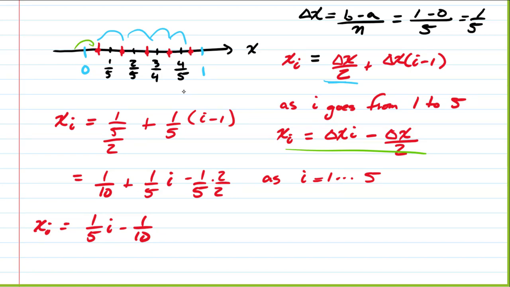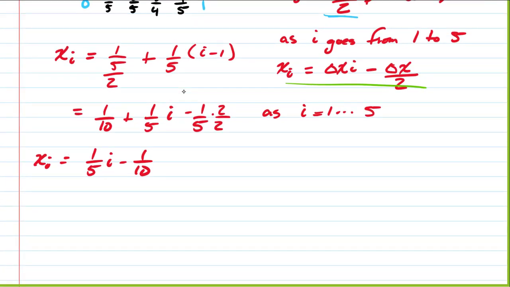So it's just two different ways to arrive at the same point, and if you simplify both of them, you get the same formula. So I'm just saying there's multiple ways to visualize the way these things get set up. So whichever way gets you there is the correct way to do it. So now we have our x sub i is 1/5 i minus 1/10, as our i goes from 1 to 5.